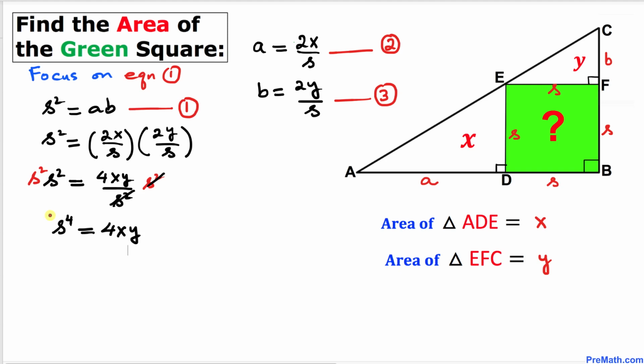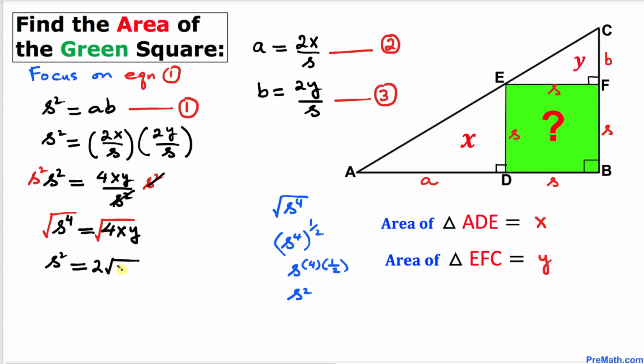And now let's take the square root on both sides. So on the left hand side we get s square, equal to the square root of 4, which is simply 2, times the square root of xy. Let me now explain it to you. S power 4, and then take the square root, and we know that the square root could be written as power 1 over 2, and now we are going to use the exponents rule.